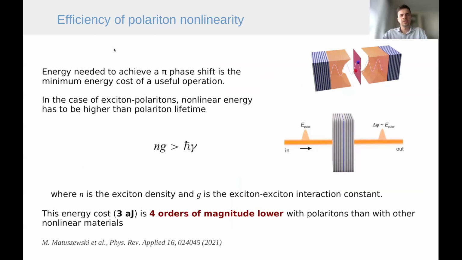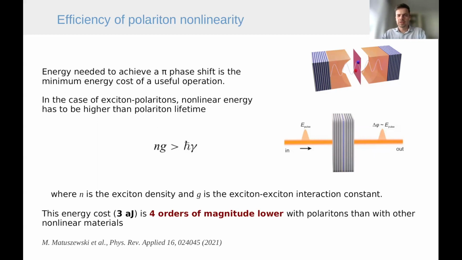Let's consider such a basic requirement for the energy needed to achieve a single operation. A single operation can be a pi phase shift that corresponds more or less to the minimum energy cost of a usual operation. Why? Because if we achieve a pi phase shift of the light, we can then use, for example, a Mach-Zehnder interferometer or another type of interferometer to either block the light completely or just let it pass.